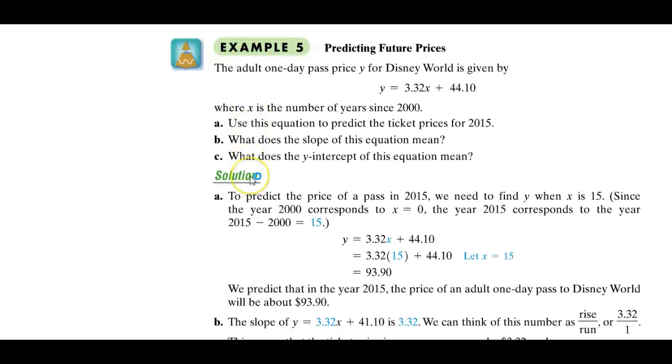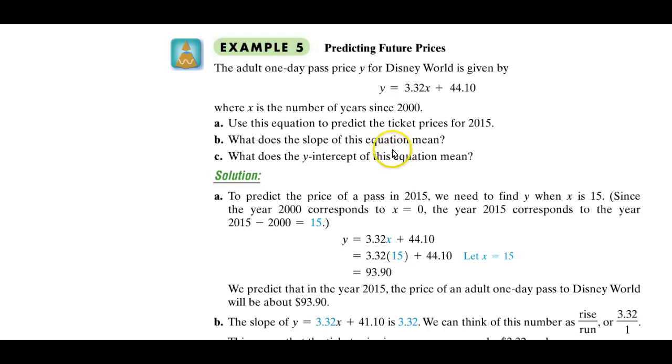So we're now going to apply this, predicting future prices. You understand what the equation means. What would be the price in 2015? Well, you're going to put 15 for the x, that is, since the year 2000. Multiply that by $3.32 and add it to that. And the price in 2015 should be about $93.90.